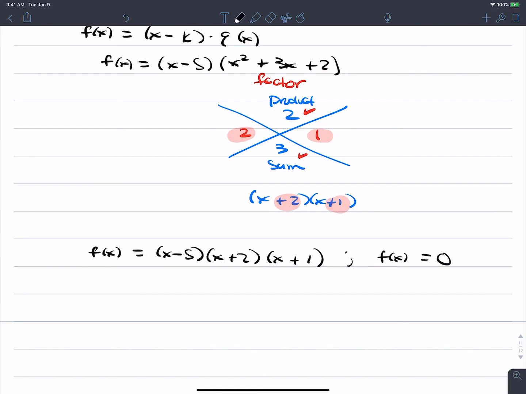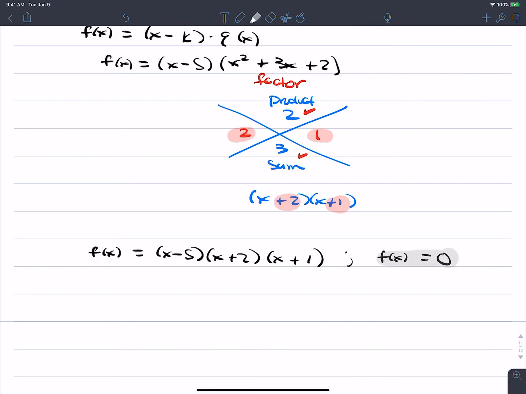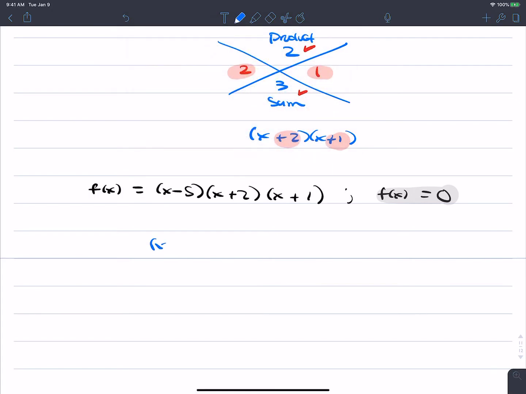Remember, when we set the function equal to 0, this will give us all of our zeros. We have to solve that for x. So that means we have x minus 5 times x plus 2 times x plus 1 is 0.